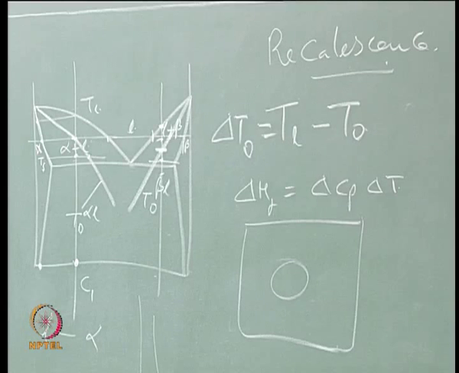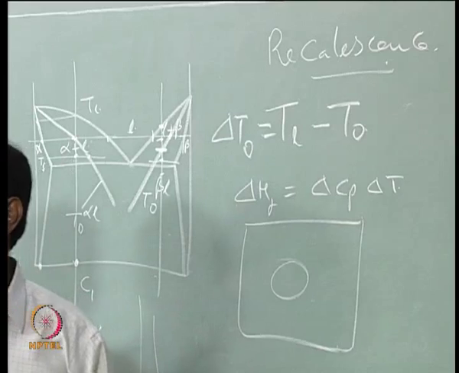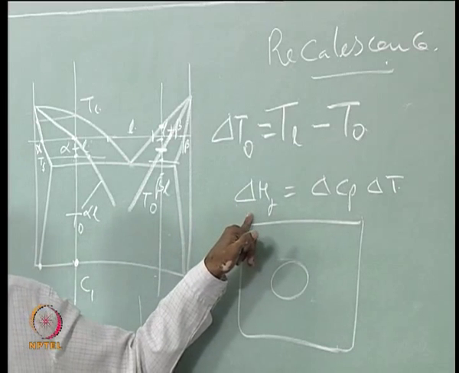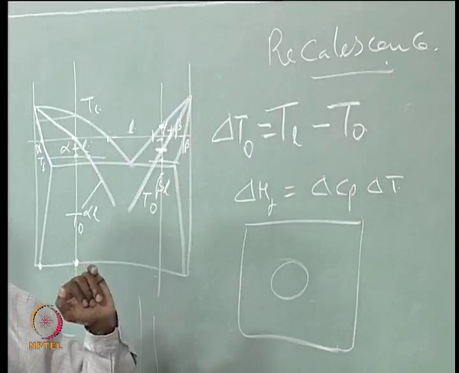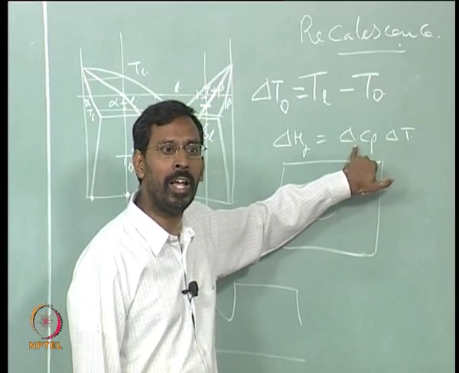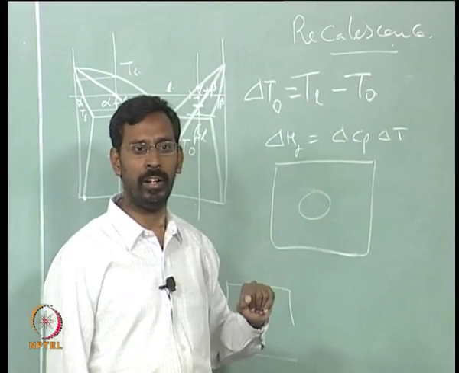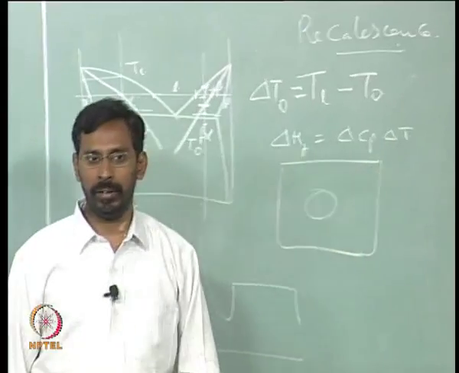In principle I can put that. So, H is Cp dT. Similarly, delta Hf, which is nothing but the difference between H of liquid and H of solid, can be taken as the difference between Cp of liquid and Cp of solid, into delta T.